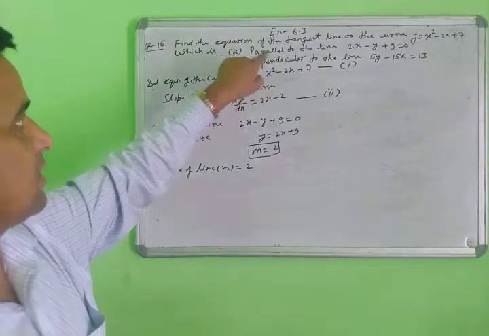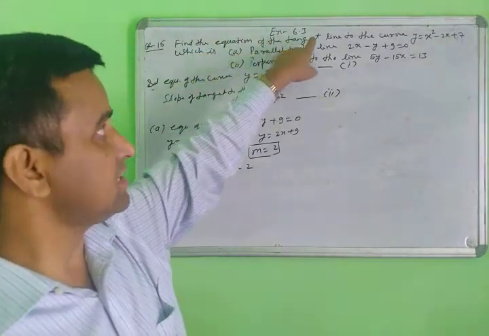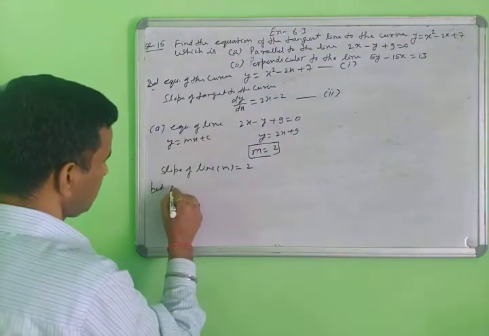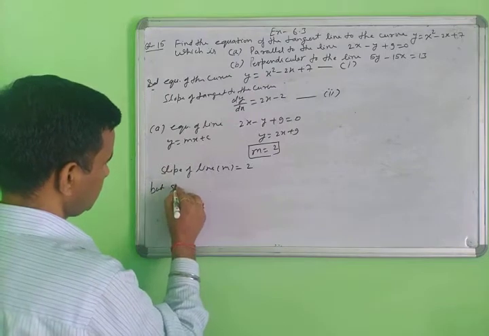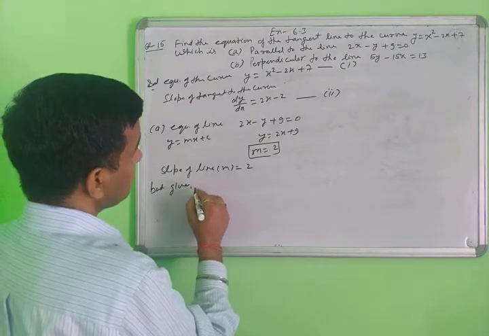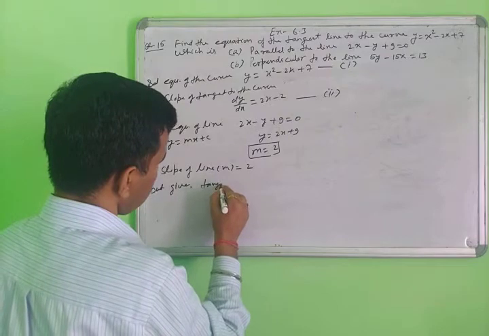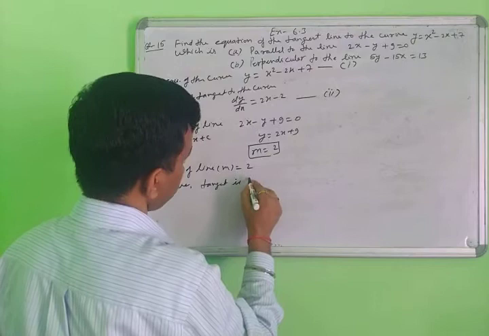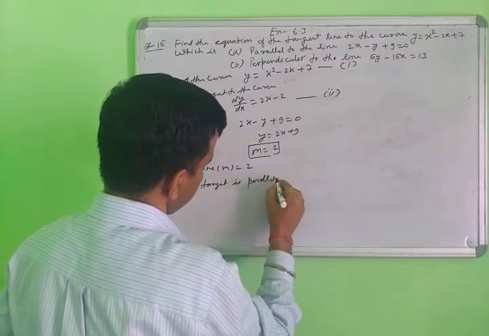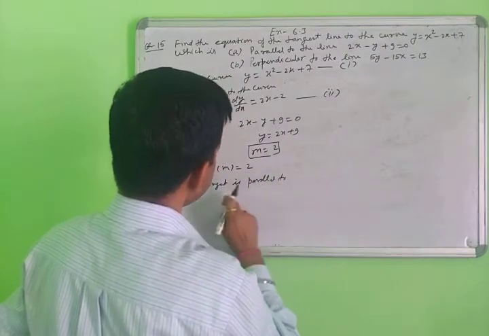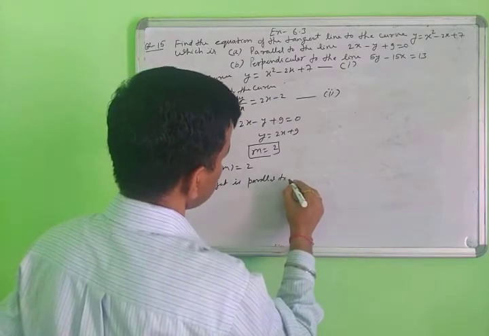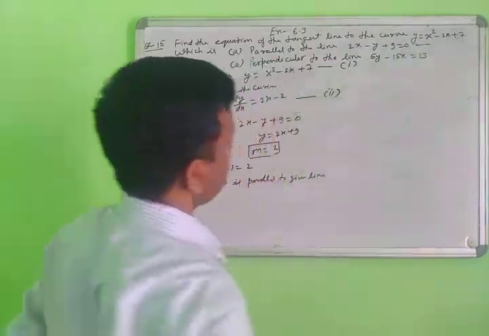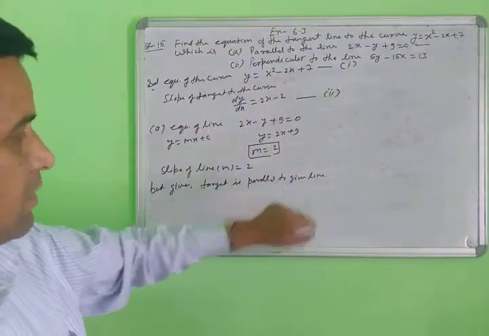But the given condition is that the tangent is parallel to this line. Tangent is parallel to the given line.